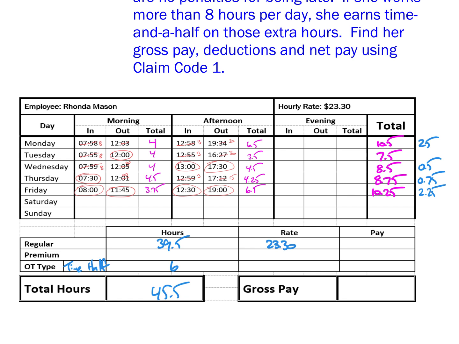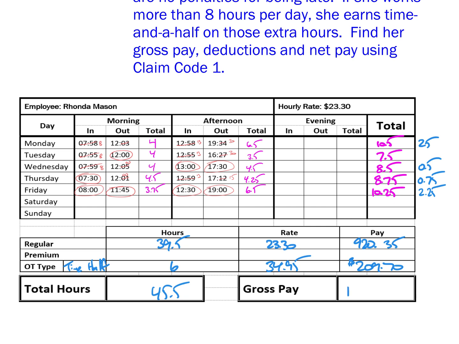Now we're going to go ahead and figure out the time and a half rate. That's $34.95. If we multiply that by 6, we get $209.70. And if we multiply the 39.5 times 23.30, we're going to get $920.35.